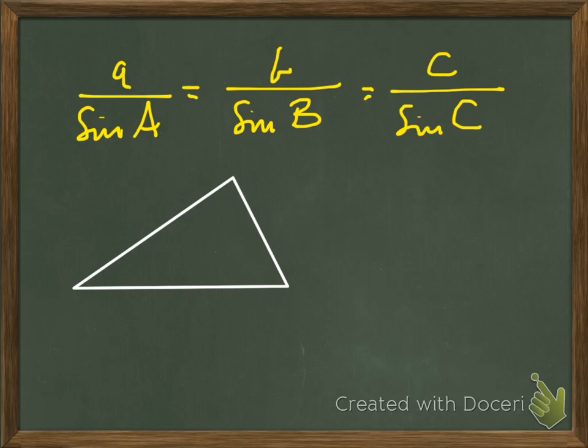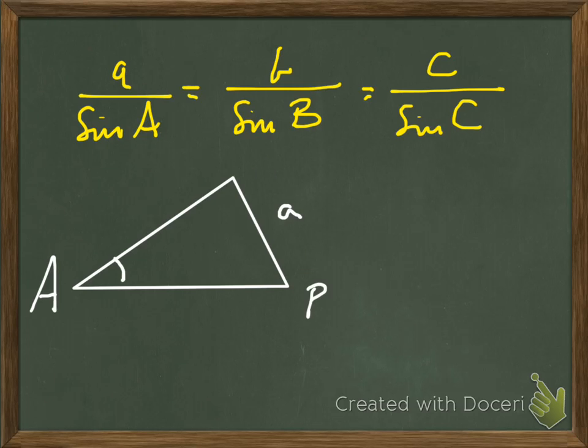Then we label up the sides, and I'm going to label this triangle to show you what it looks like. The capital A is the angle, and the little a is the length of the opposite side.